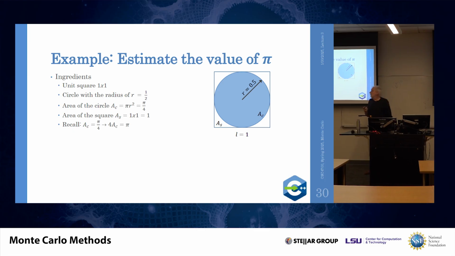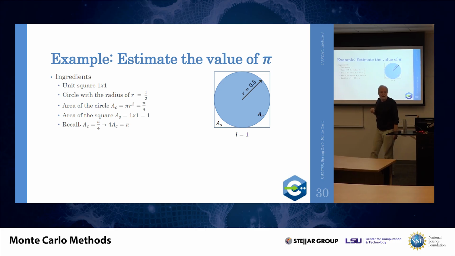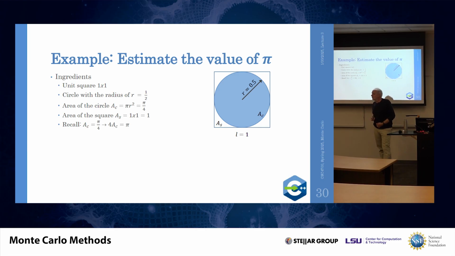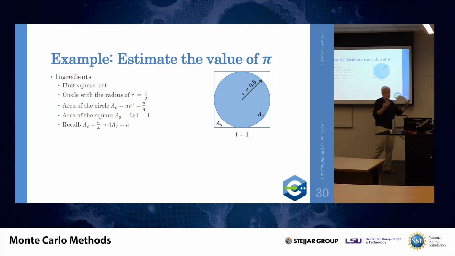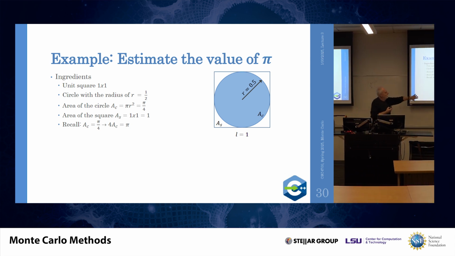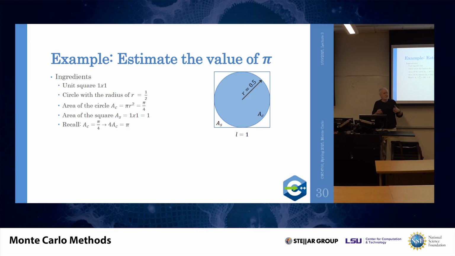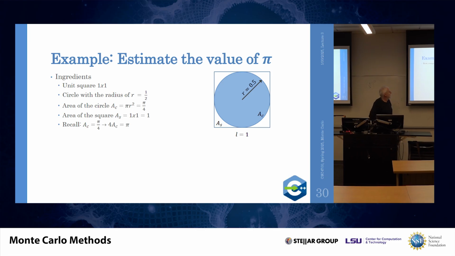So what if we generate points inside the unit square and count how many actually hit the circle and how many don't? And that ratio of the two gives us pi. Okay? Because if you assume that the points are evenly distributed, they somehow represent the area of the thing they are hitting, obviously.